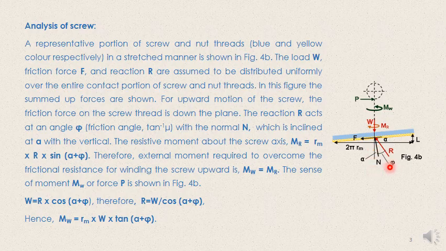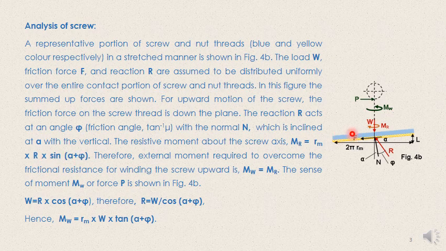What is this phi angle? As you know, phi is nothing but tan inverse mu, that is, phi is the friction angle, as we discussed in the earlier lecture. In this case, R has a component perpendicular to the axis, which is R sine (alpha plus phi).